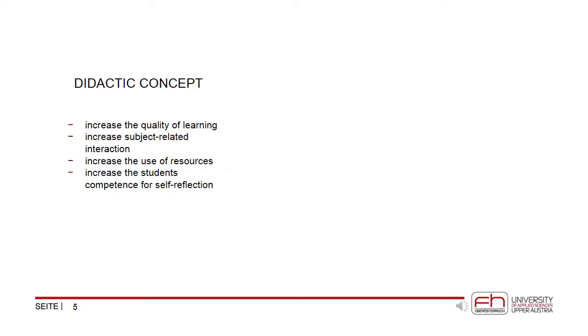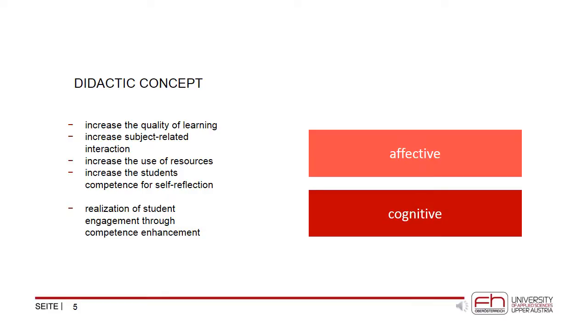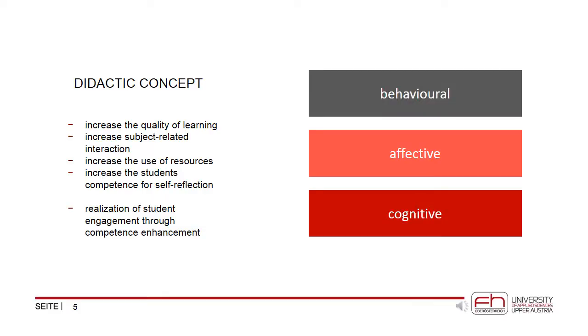In the teaching learning setting presented, student engagement is strived for and realized through competence enhancement on 3 levels, namely the cognitive, the affective, and the behavioral dimension.